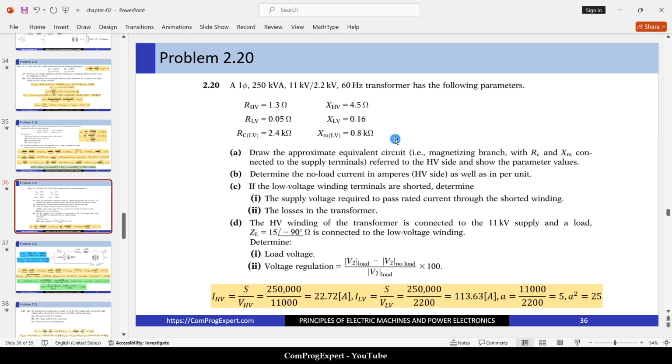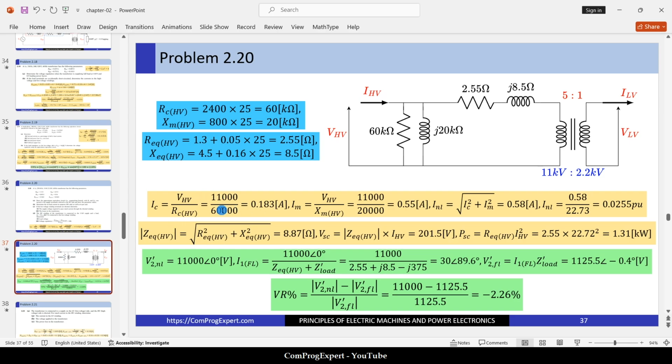Consider that we shouldn't use this number, we referred quantities to the primary side. IC is equal to 0.18 amps. What is the value of the magnetizing current? It is 11 kilovolts divided by 20 kilo ohm, 0.55. Finally, this is the value of the no load current, 0.58 amps.